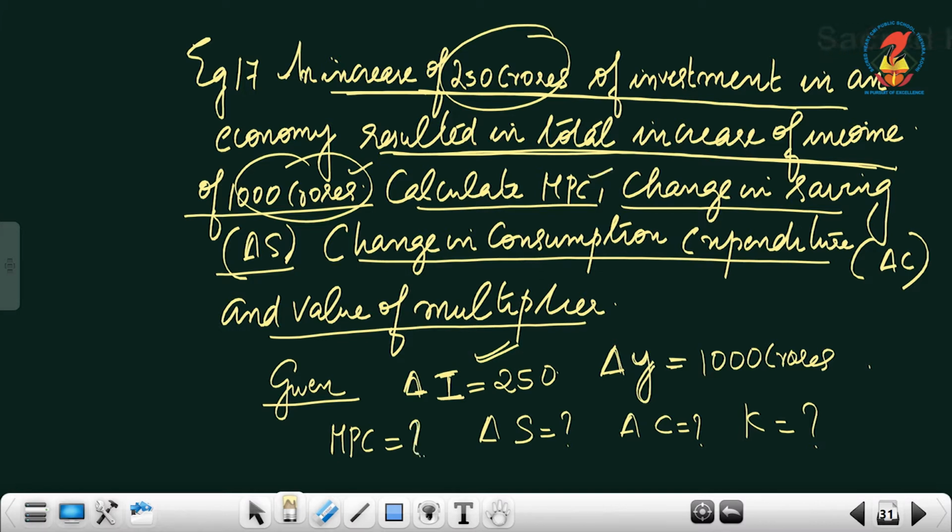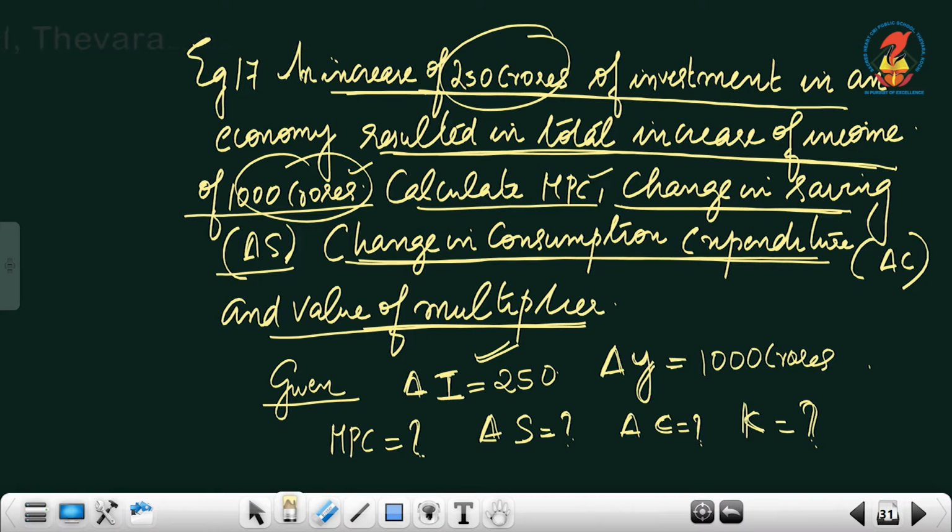Find out the change in saving, delta S. Then find out change in consumption expenditure, delta C, and the value of multiplier, that is K. So these are the things to find out. Now how will you find out the values?